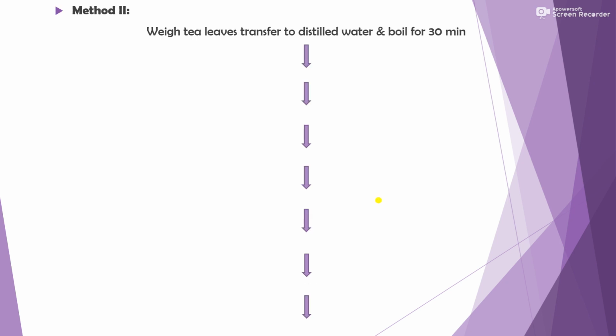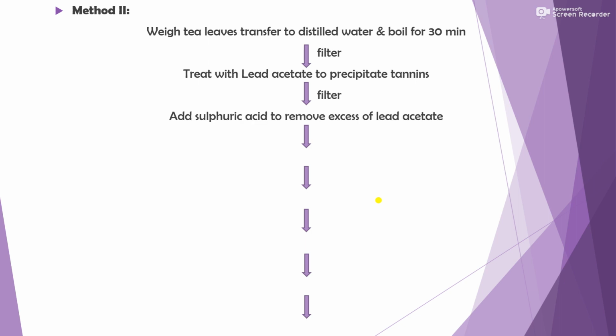Second method: weigh tea leaves, transfer to distilled water and boil for about 30 minutes. Filter it, treat with lead acetate to precipitate out tannins. Filter it again, add sulfuric acid to remove the excess of lead acetate. Filter it again, add charcoal to remove the coloring matters.